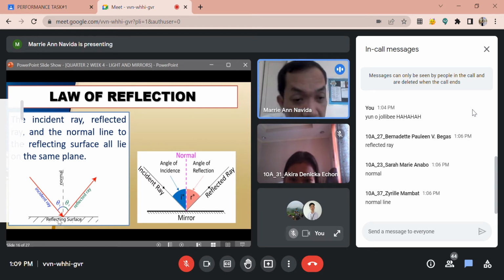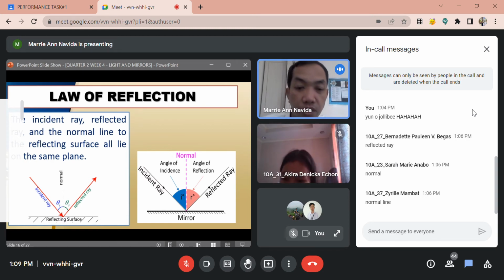The reflected ray cannot move off to this side; it should lie on the same plane. But if the mirror is somehow broken, you will notice a lot of images from the broken part. That is not an example of the law of reflection, because you will see different reflected rays.